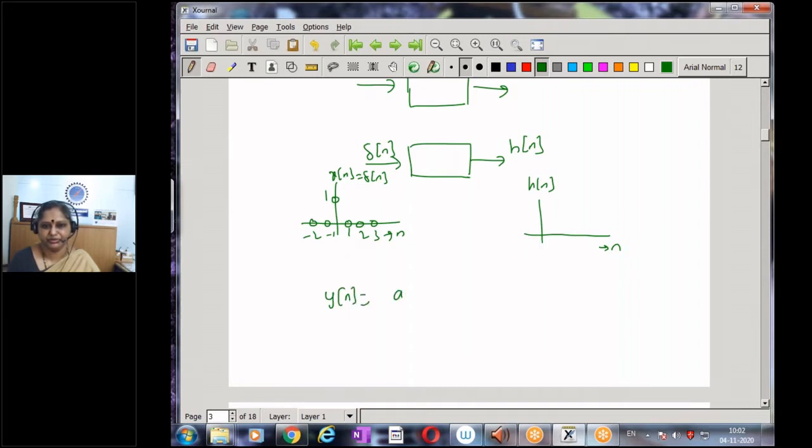Say y of n equal to a0 x of n plus a1 x of n minus 1 plus a2 x of n minus 2 plus a3 x of n minus 3.